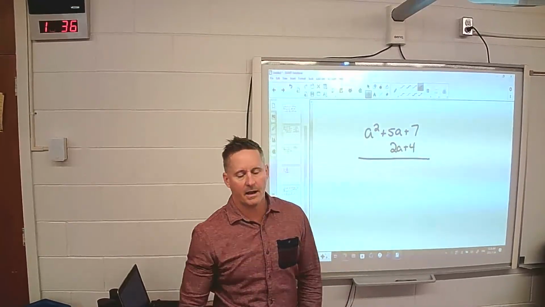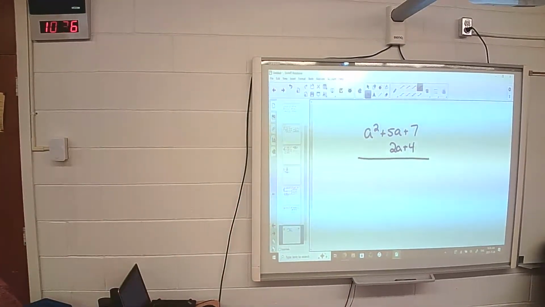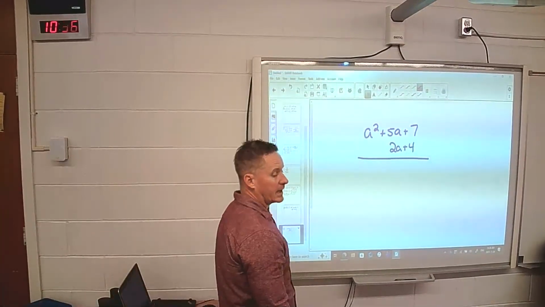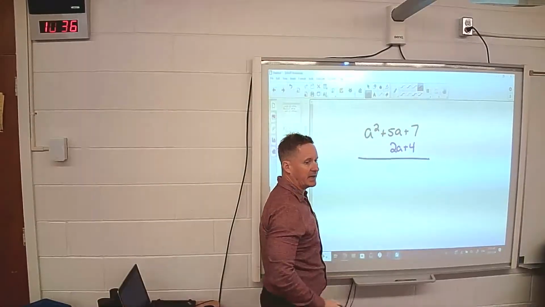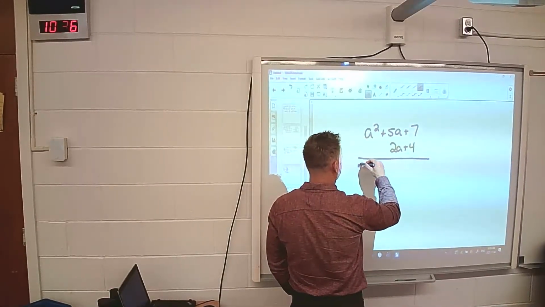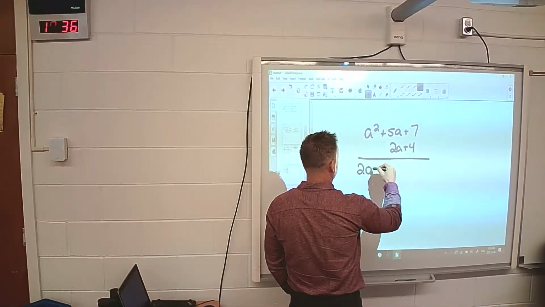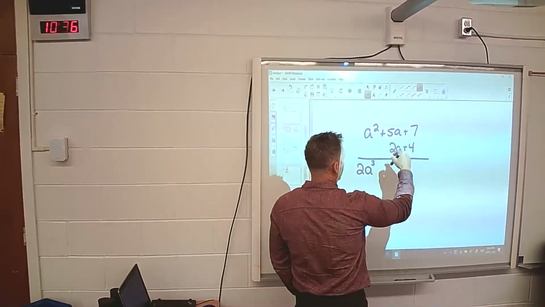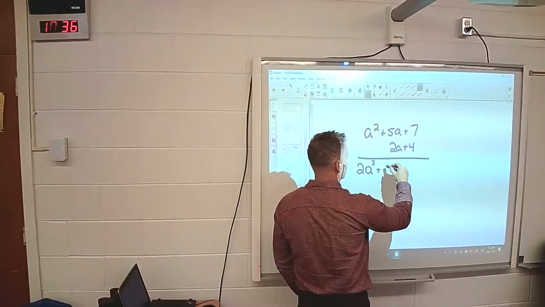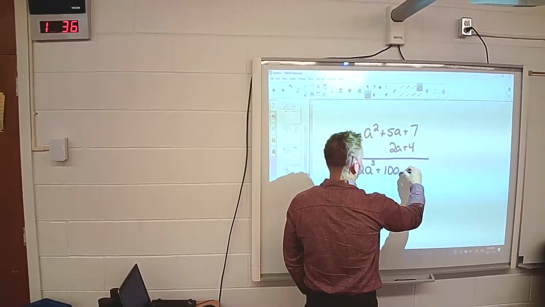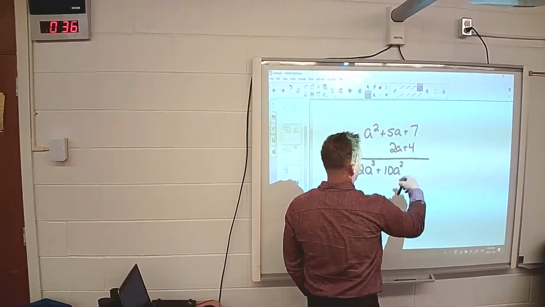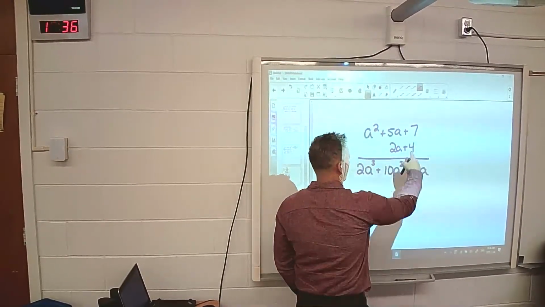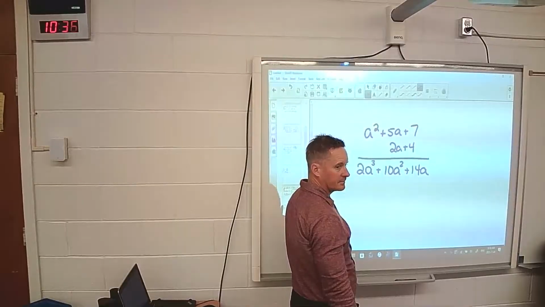So put your pencils down, watch it, then we'll write it down, and then we'll talk about it, okay? So, working left to right, that's 2a times a squared. What does that give me? 2a cubed. 2a times 5a, 10a squared. 2a times 7, 14a. 4 times a squared, 4a squared.